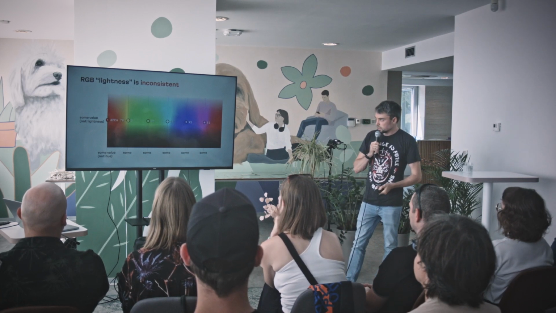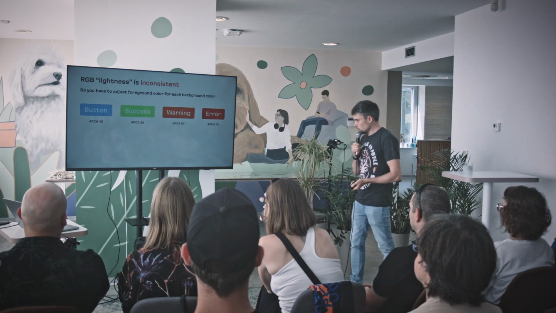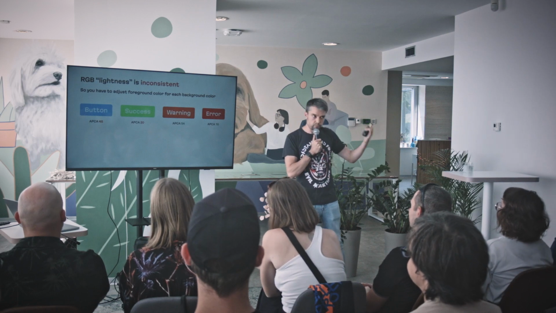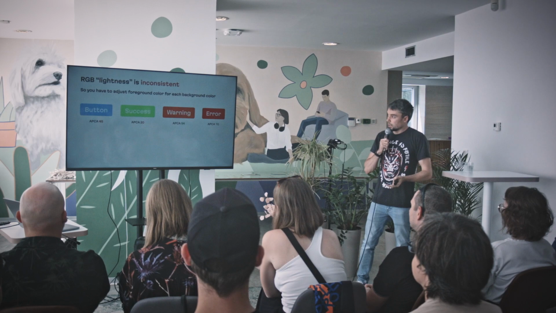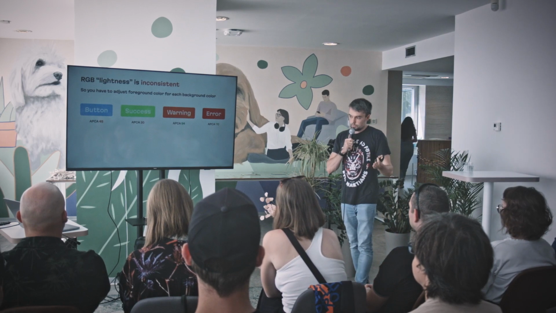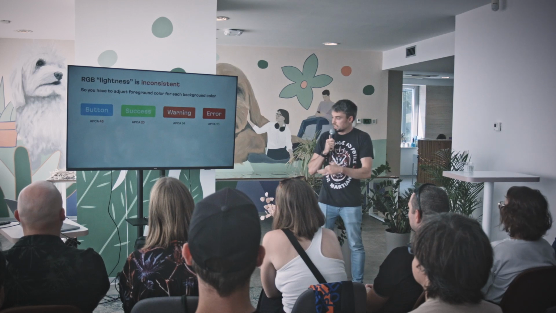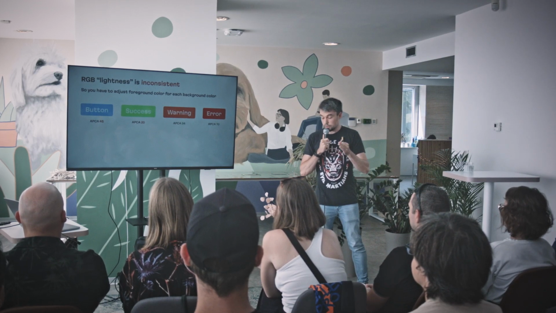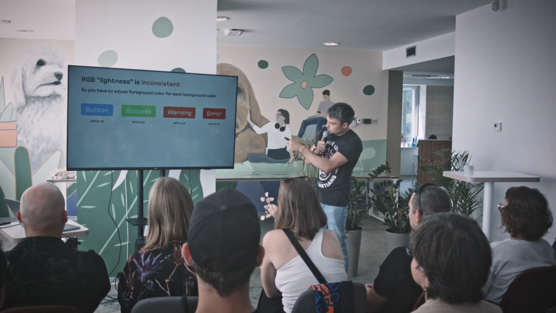And practically speaking, it means that if you use the RGB model, the way of representing the color and the way you think about color, if you choose the colors for active, success, warning, and error, you will get inconsistent values of contrast, to the level that success is almost invisible.